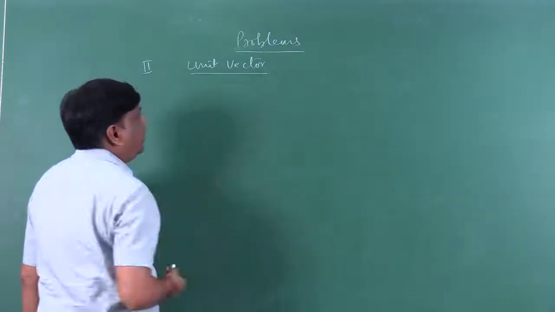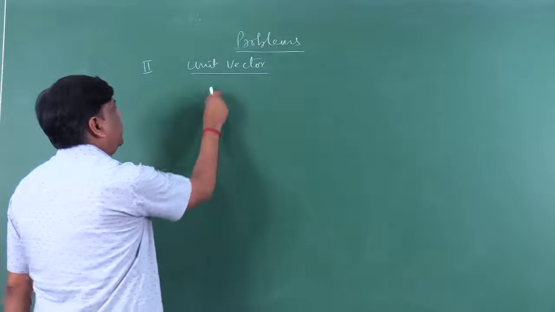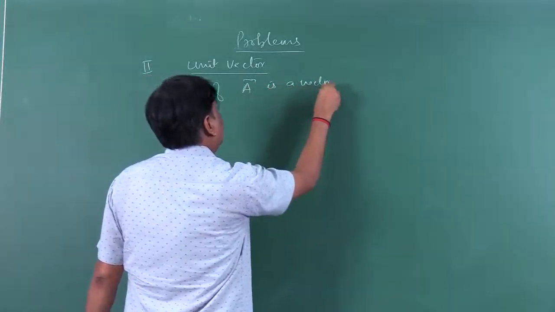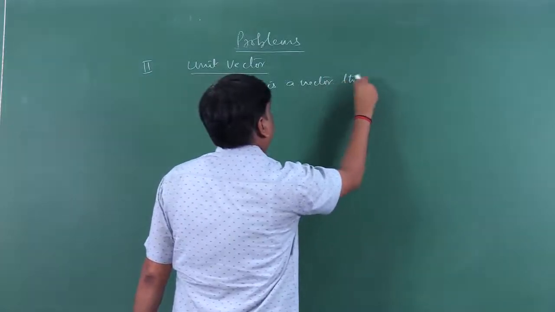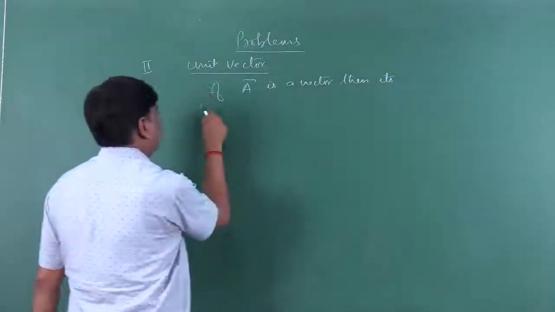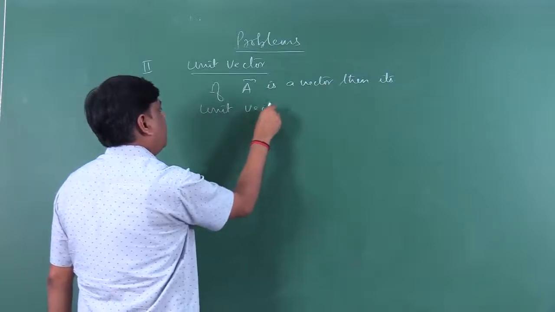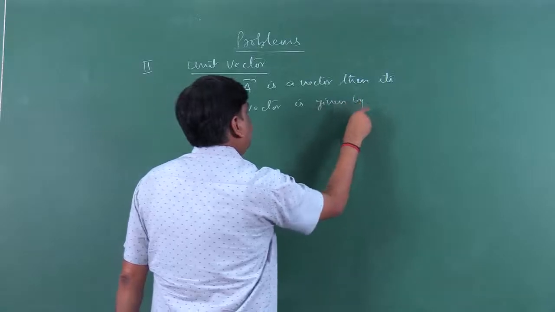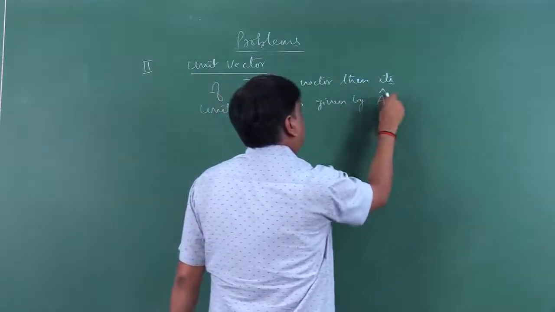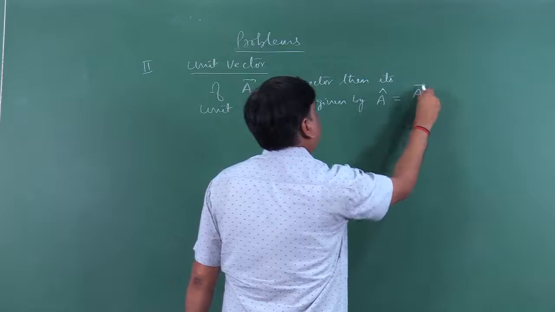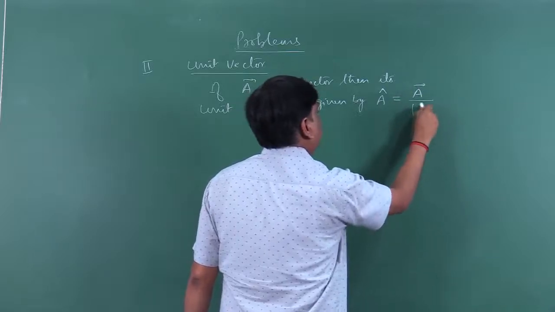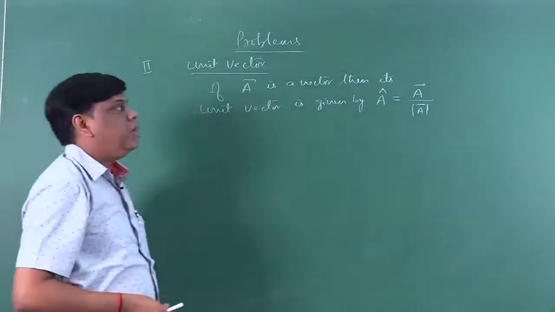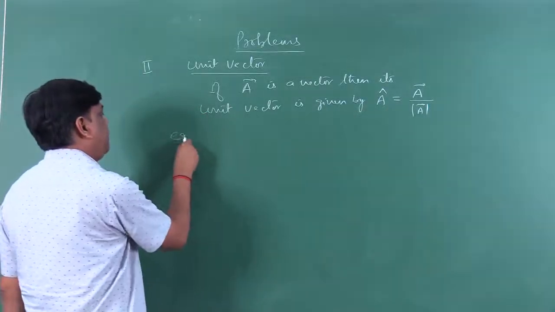So for unit vector I had told you that if A is a vector, then its unit vector is given by A cap, which is equal to the vector divided by its magnitude. So to calculate the unit vector we will use this concept. Let us take an example.